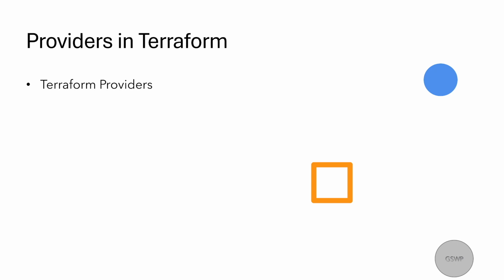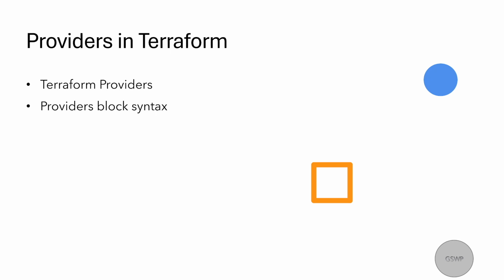Okay, so let's start our fifth module, providers in Terraform. Till now you have seen we are using one provider, which is AzureRM, dedicated for Azure resources. There are so many other providers present in Terraform which we can use for provisioning resources and other things. Since this is getting started, we are going to dig a little bit deeper, not much, to see what providers are present and what we can do with them.